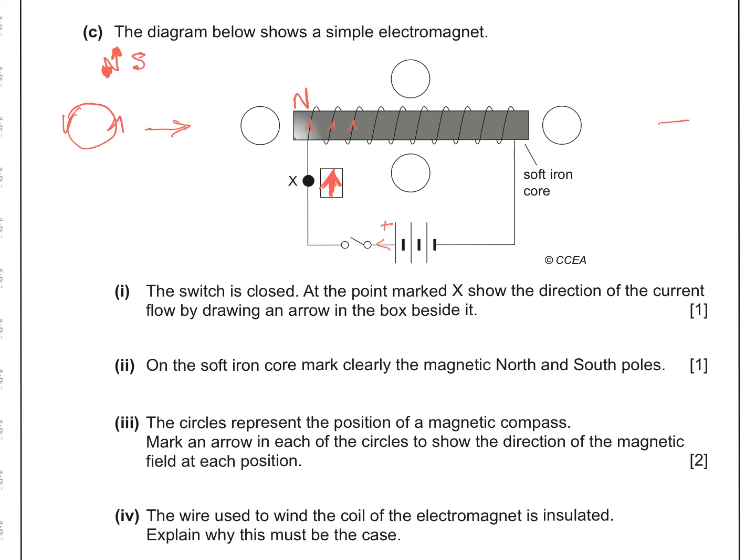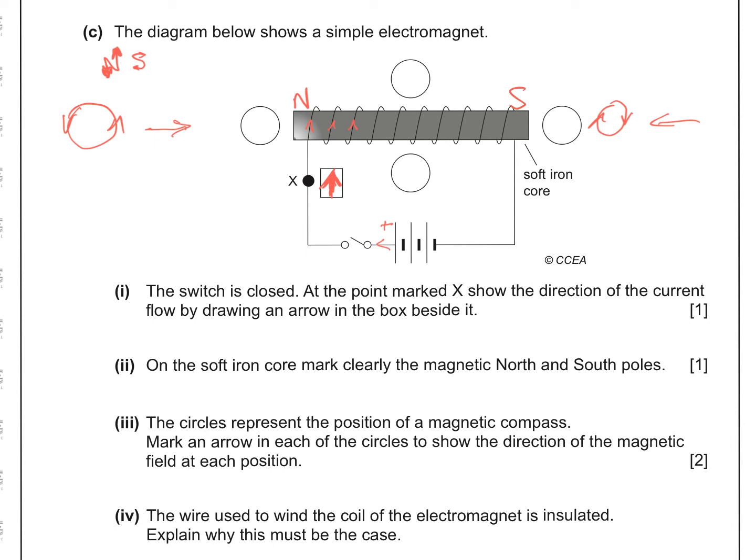And equally, if you were to look down the other end here, you would see clockwise current flow, and that corresponds to the south, because clockwise current flow belongs to south. So north at this end, south at that end.